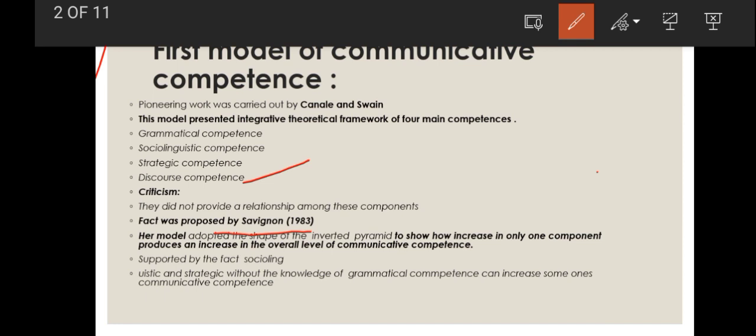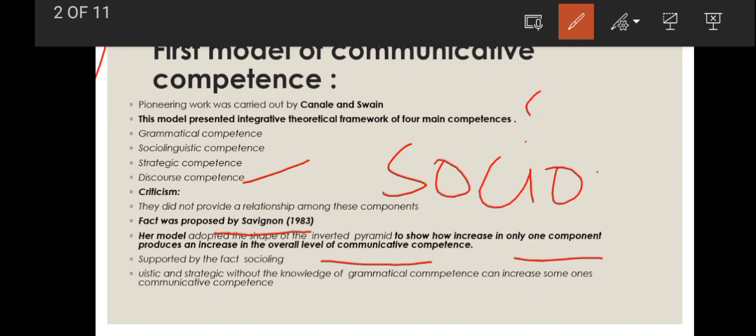She said that an increase in one component can increase the overall level of communicative competence. This assumption is supported by the fact that measures of both sociolinguistic and strategic competence can increase the overall level of communicative competence.